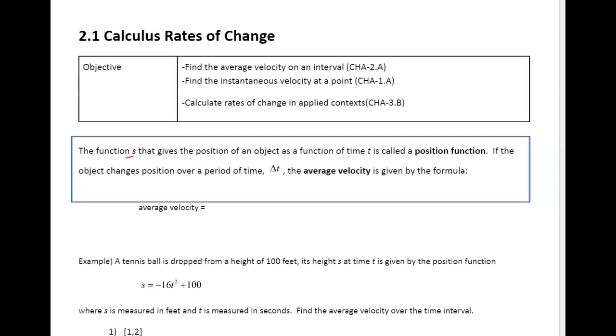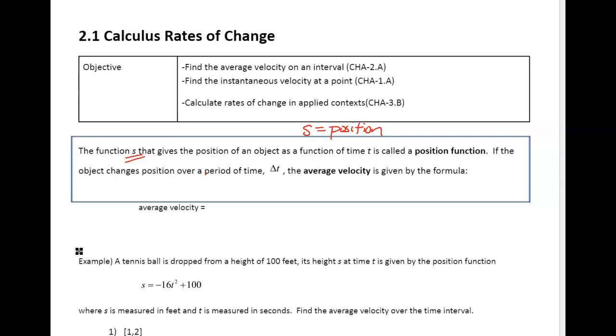So they let S, we don't use F for our function, so they let S be our position function, okay? So S is our position, and it's S of T. If the object changes over a period of time, then that triangle is called delta, which means change.